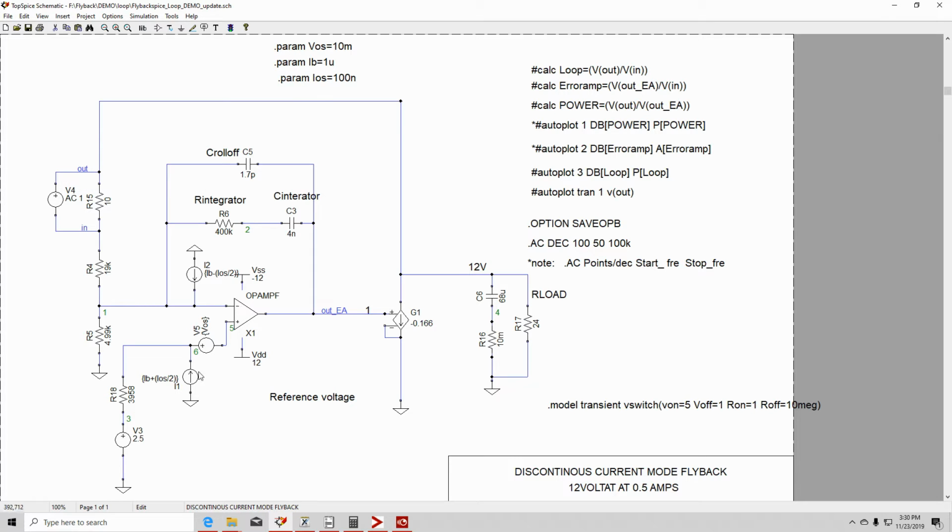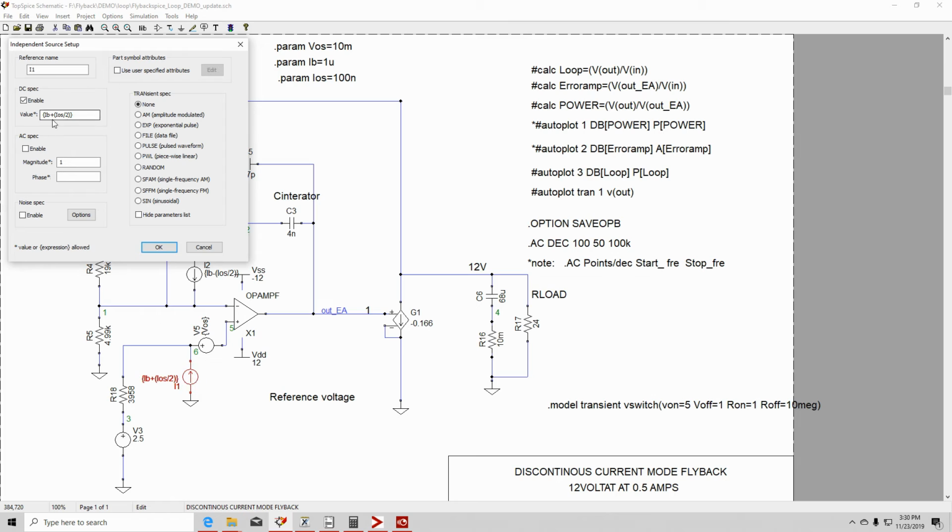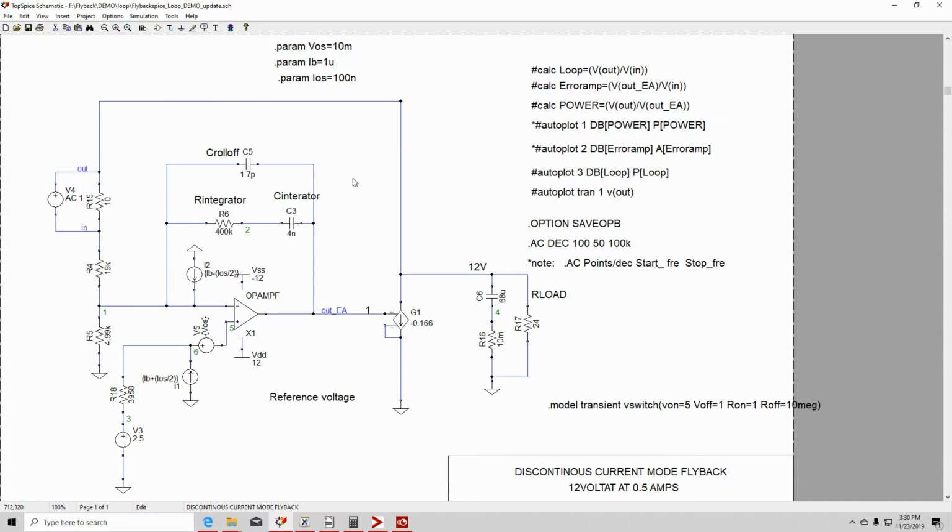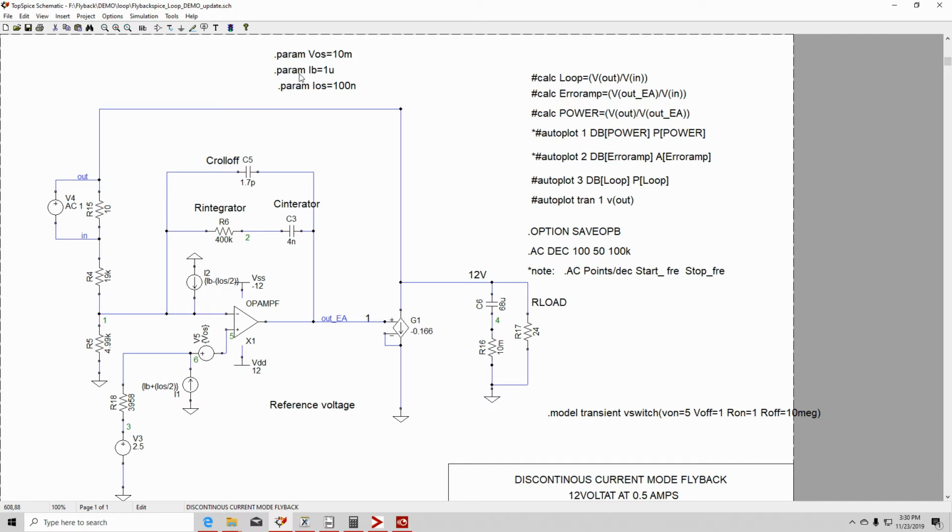Okay, and likewise I do the same thing over here with IB plus IOS divided by 2. Again, curly brackets and so forth. Okay, so now let me go ahead and run this, but let's get what the real measurement would be if this is ideal, and let's assume that these are extremely small. Let's say that they're in the pico range, which would be almost negligible. But let's do a 1p.